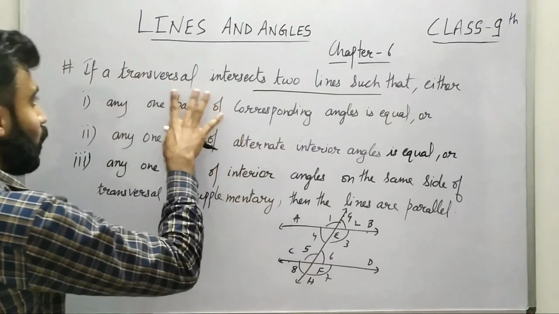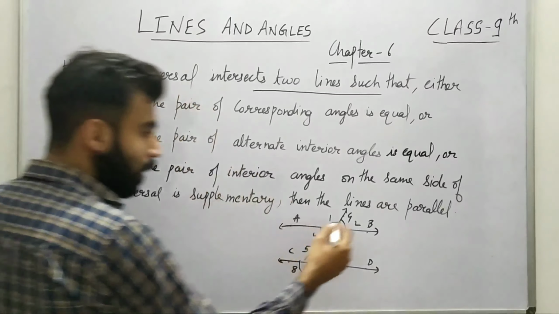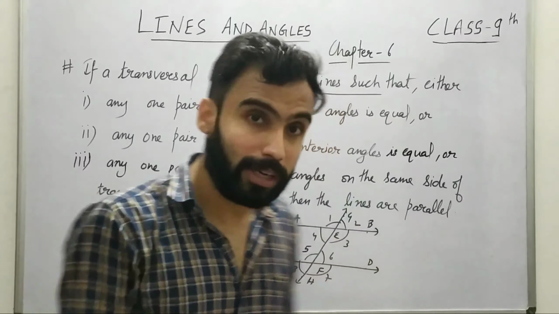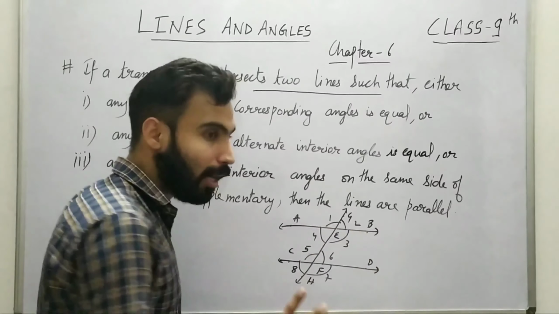So let me just tell you this opposite condition. If a transversal, again the condition is the same, but it is not given to us that the lines are parallel, right? We don't know whether these lines are parallel or not.